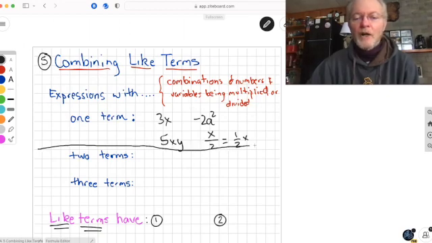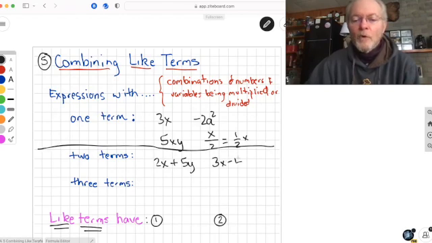Sometimes they're called monomials. What about a two-term expression? Two terms is when we combine two terms with either an addition or subtraction sign. So it might be 2x plus 5y or 3x minus 4b.